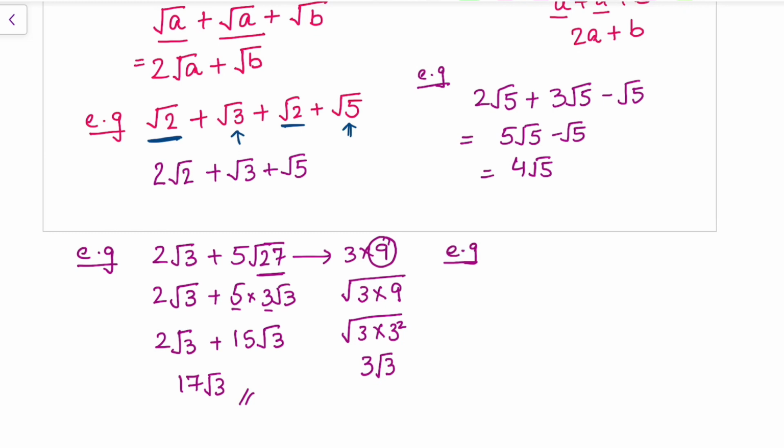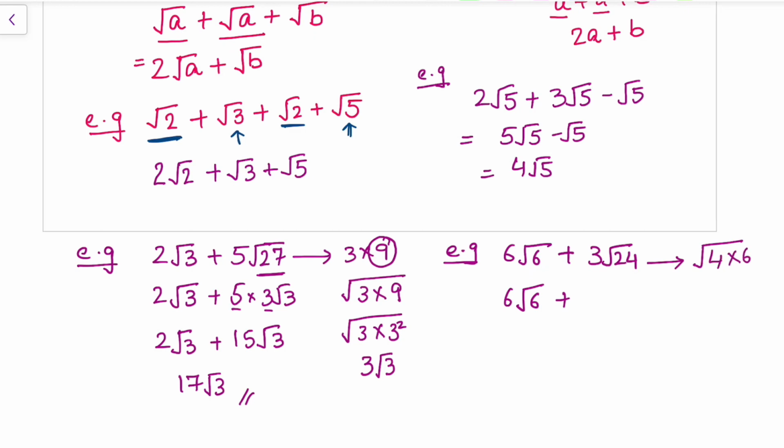Let us suppose we have 6 root 6 plus 3 root 24. Here 6 cannot be simplified further, so we will write 6 root 6 as it is. Whereas 24 can be written as square root of 4 times 6.